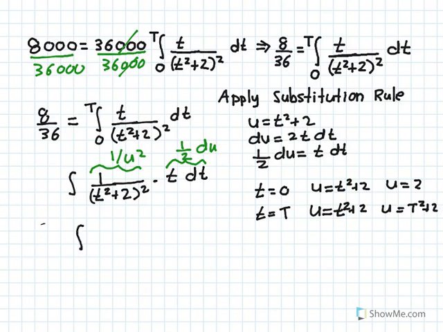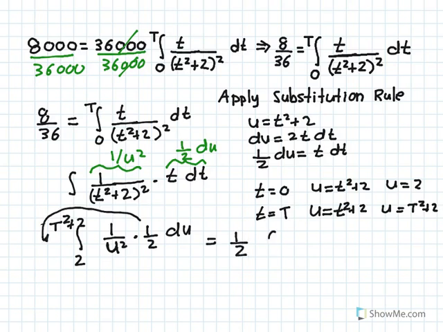So we have the integral from lower u limit 2, upper u limit t squared plus 2, and we have 1 over u squared times 1/2 du. 1/2 is a constant, passes through the integral, so we get 1/2 integral from 2 to t squared plus 2, 1 over u squared du.